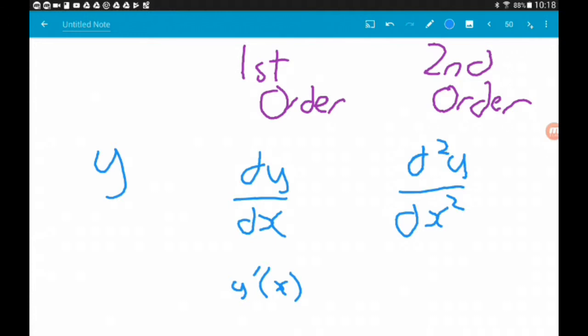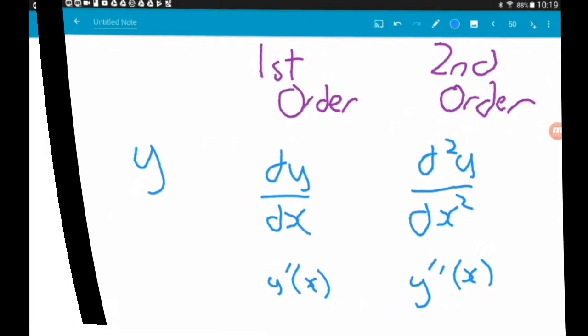It means the second derivative, which we could also write as y dash dash of x. So now we're going to do some examples of finding these guys.